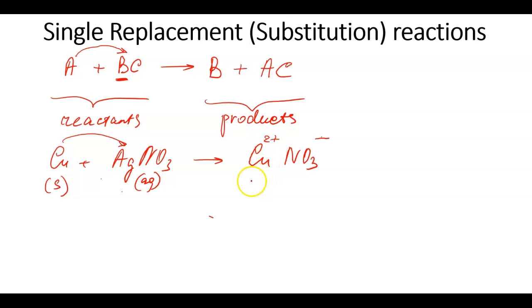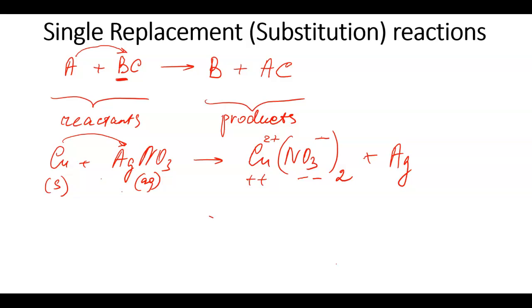So we have 2 positive here, and just 1 negative, which gives us the necessity to put an additional subscript 2 here for the whole NO3 part. Now it's balanced, because when I put a subscript here too, that means I have 2 negative charges here and they cancel each other, right? And copper substituted silver, so now silver, Ag, is just a single element, right?